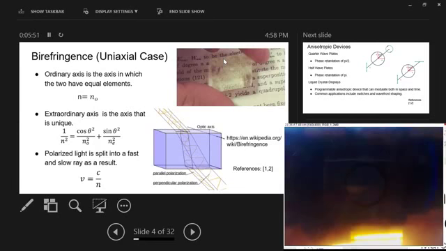So when light runs through an anisotropic material, it will retard one polarization state while the other travels at the same speed. As a result, when light propagates through, a new polarization state is made. What I have up here is the map for the uniaxial case.